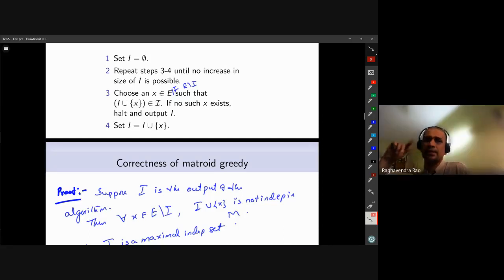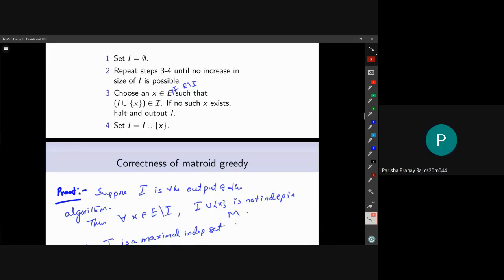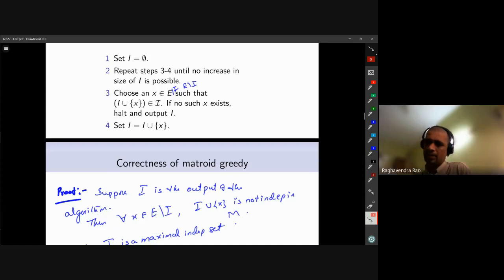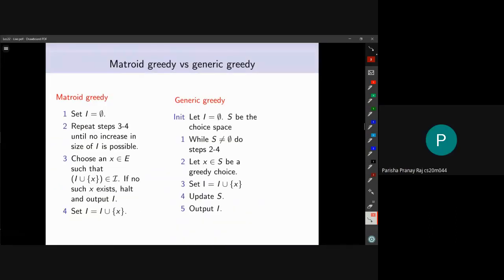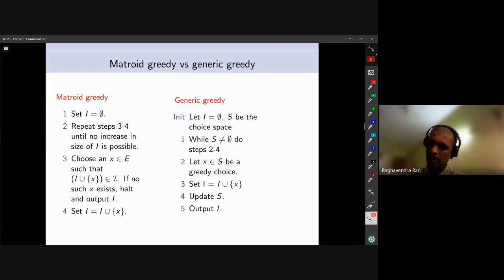Can we go over the similarity between the matroid greedy and the generic greedy? Here we are outputting I, and in the generic greedy the choice space is S. Yes, that is something we put very vaguely there. The choice space is S, but it's not the solution space.